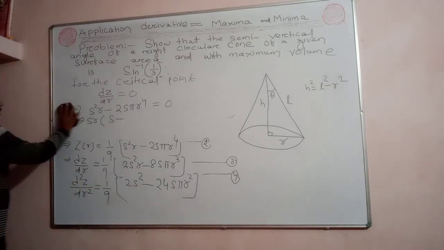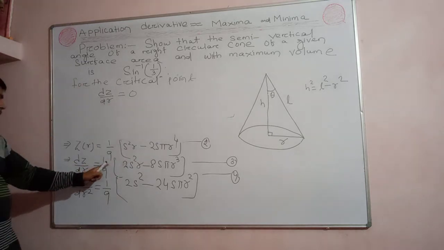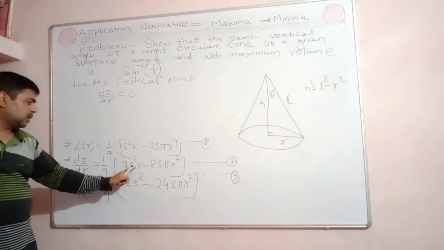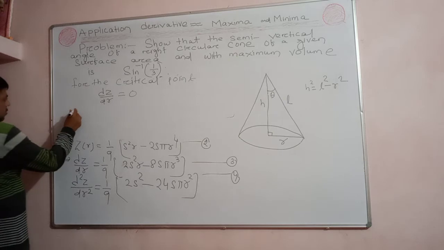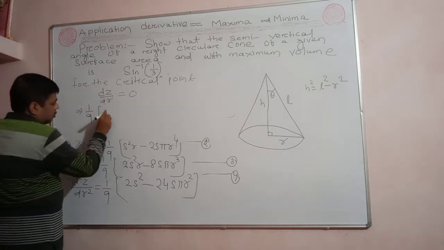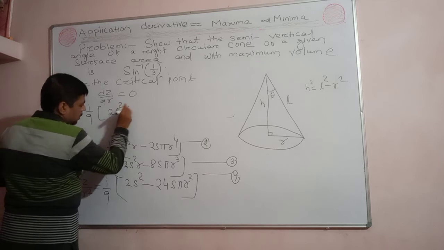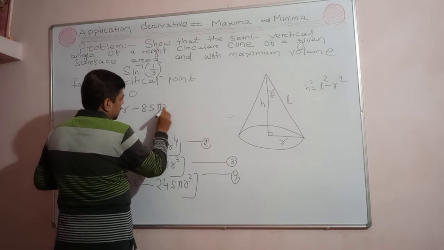Sorry, students. Okay, sorry. You have to write dz by dr. Dz by dr is 1 by 9 (2s square r minus 8s pi r cube). Okay, you have to write this one. Mistaken. So 1 by 9 (2s square r minus 8s pi r cube).